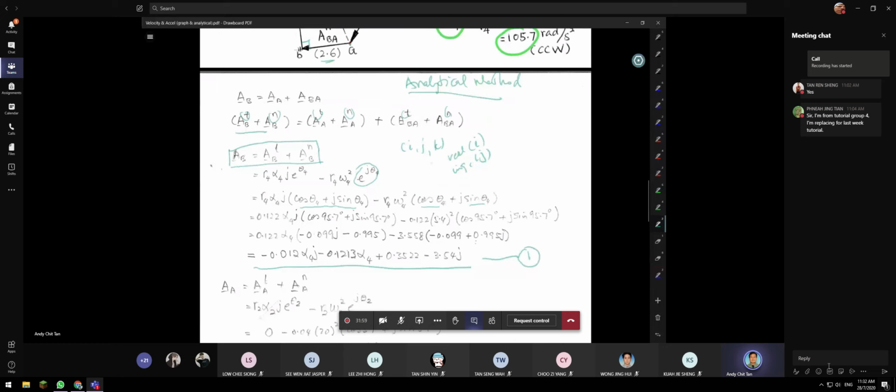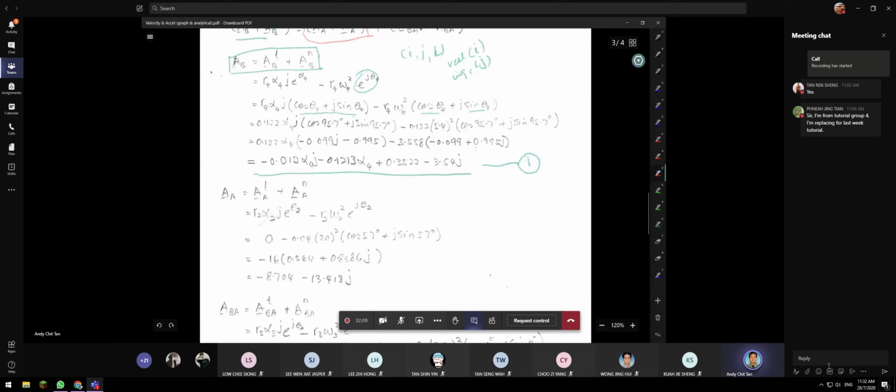You can do the same thing this time for the acceleration of A. The acceleration of A is given by this equation, and we substitute. This is equal to 0 because there is no alpha component, so we have only the omega component.